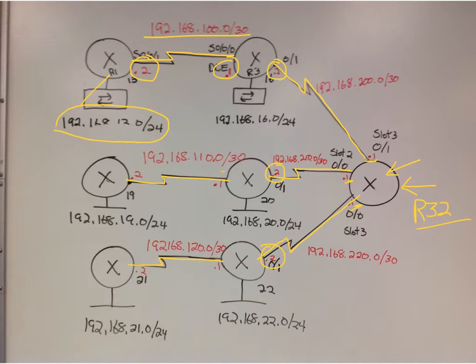.1 there, .1 there, .1 there, .2, .2, .2. So they configured these interfaces, and they also should have configured their LAN interfaces too. I think we talked about they could use .1s for those.